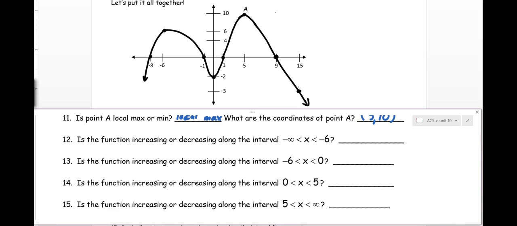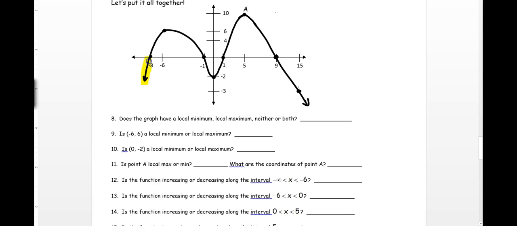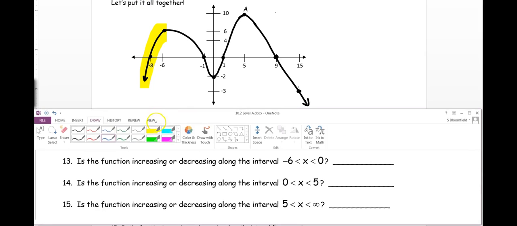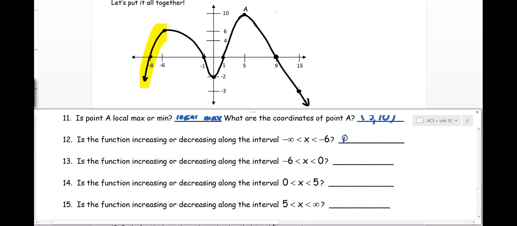Now we're going to look at increasing or decreasing along an interval. So the first interval is from -infinity, which is our left arrow, to -6. If I look from -infinity to -6, I increased because I went up along my graph. So this would be an increasing function along this interval.